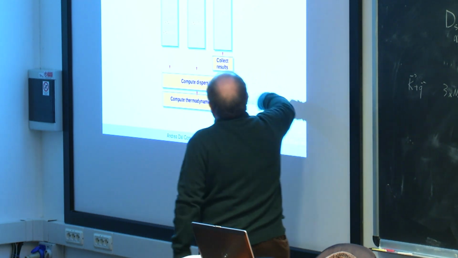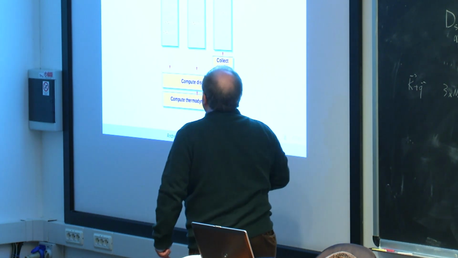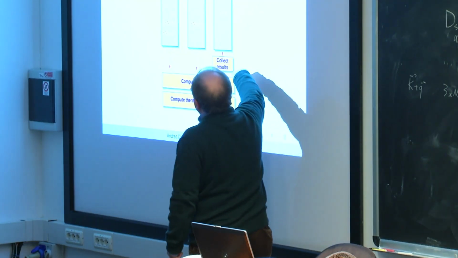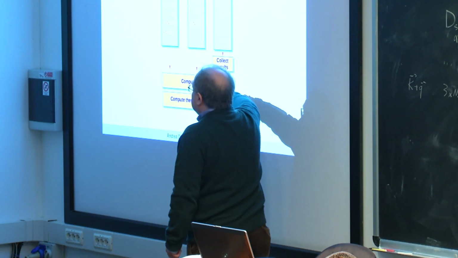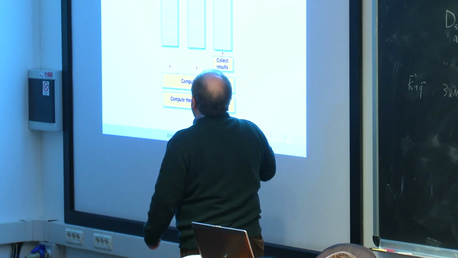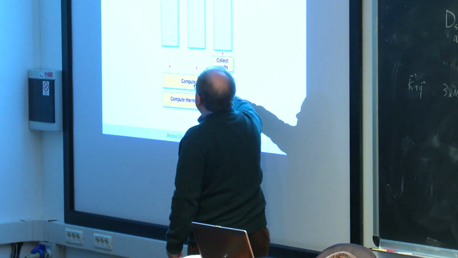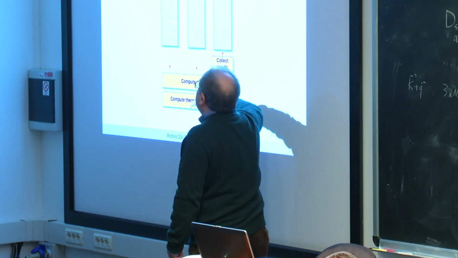And then after this step, you have to collect the results. Once you have collected the results, you can calculate the interatomic force constants. You can calculate the dynamical matrix at all the Q vectors that you want, and in principle, you can calculate the thermodynamic quantities at this geometry.